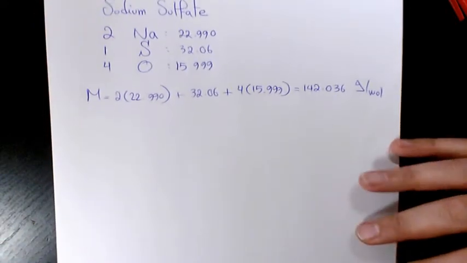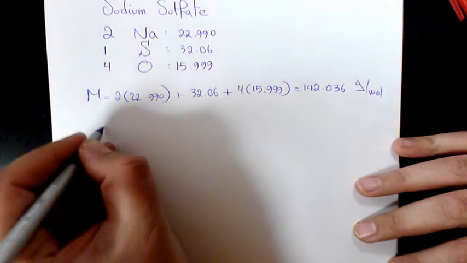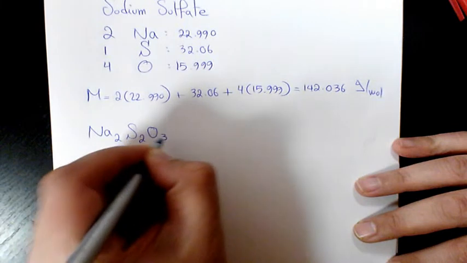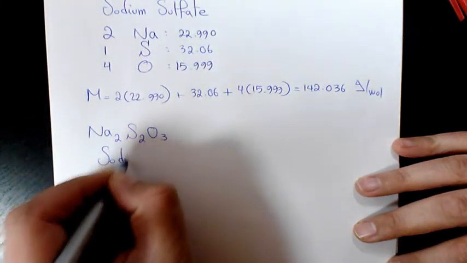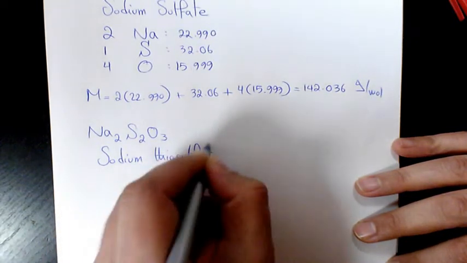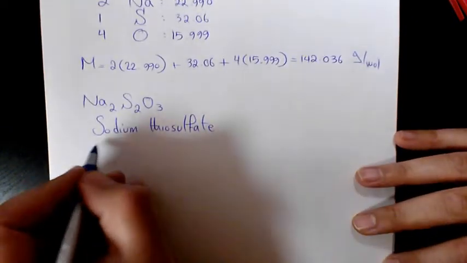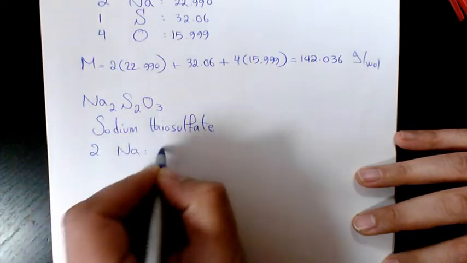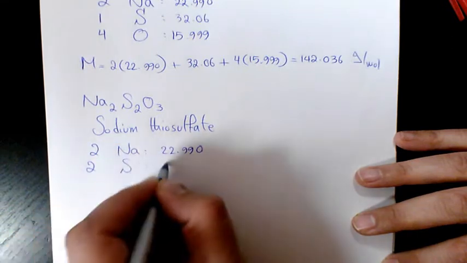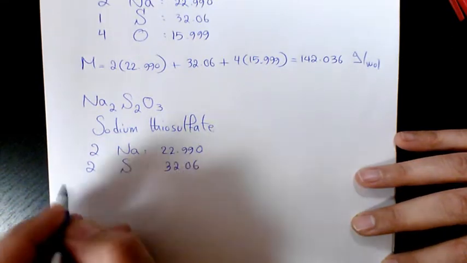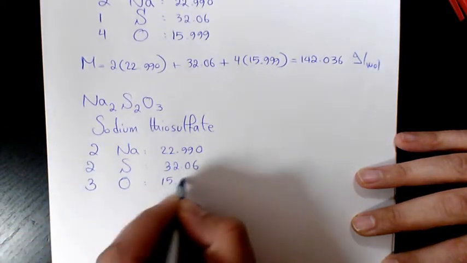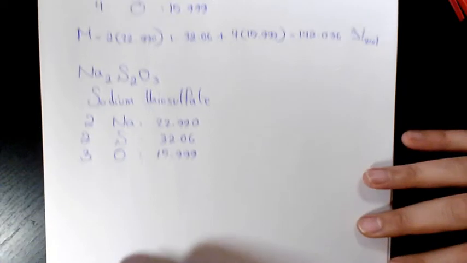Next one is Na2S2O3. That's called sodium thiosulfate. We have 2 atoms of sodium, 22.990. We have 2 atoms of sulfur, 32.06 grams per mole. And we have 3 oxygen atoms, 15.999 grams per mole.